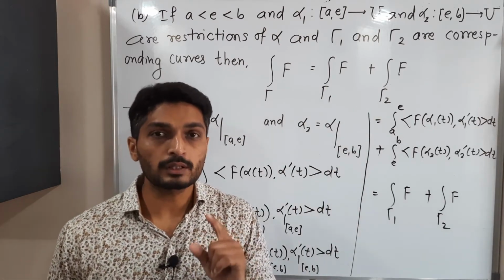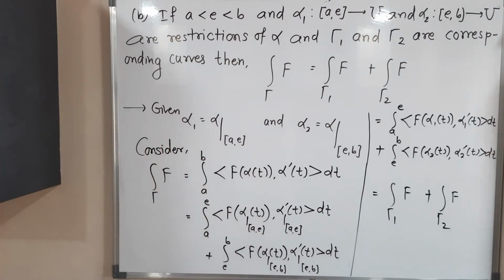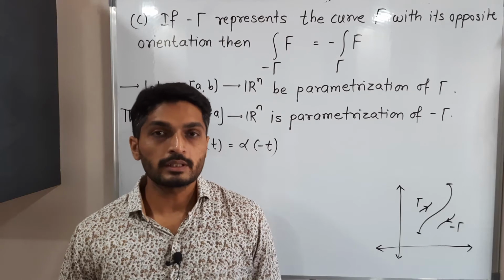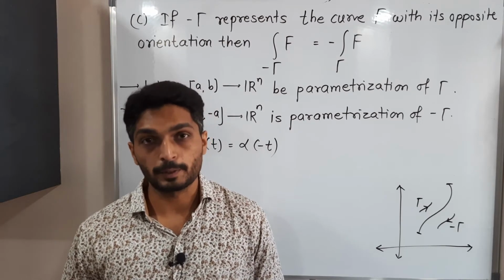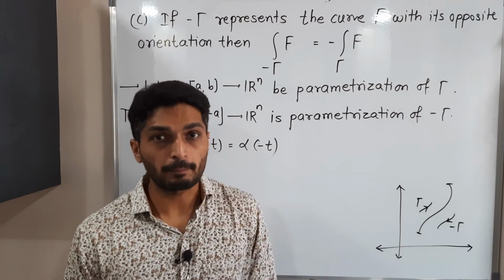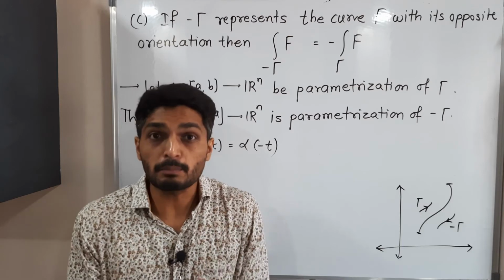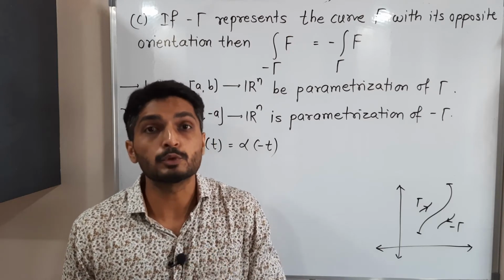Let us discuss one more property of line integral of a vector field, but before that make a screenshot of it. So let us discuss its third property. The third property says that when we have a parameterization gamma, and we have a minus gamma curve, that means the same curve but in exactly the opposite orientation.